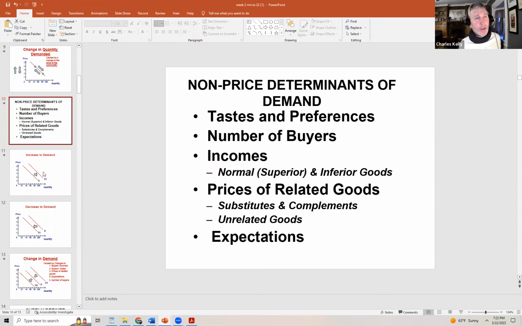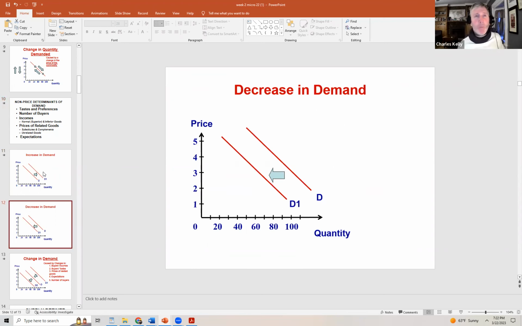So if we expect lower prices in the future, there will be a decrease in demand. And that's what happened last year. People said, look, they're going to figure out some of these supply chains, and they're going to get those $2 chips that are preventing them from making the $40,000 automobiles. And prices have come down.